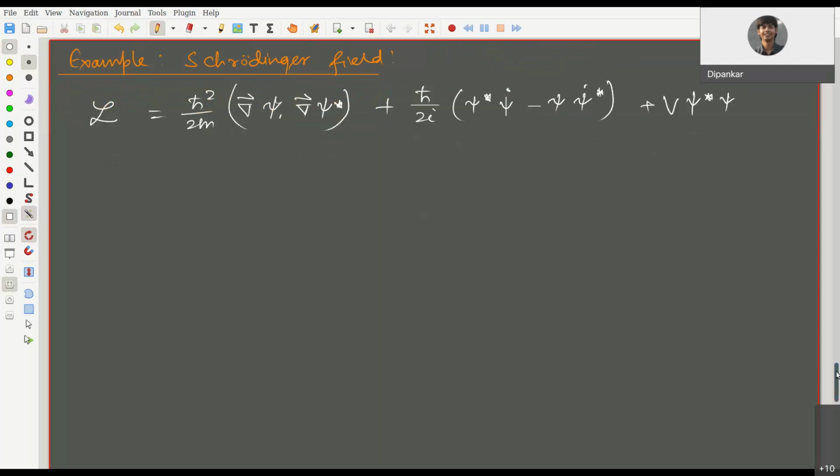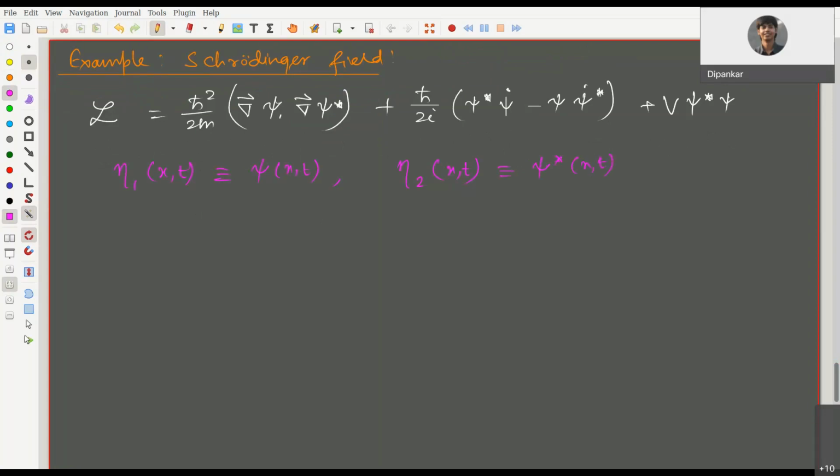Or you can take the field and its complex conjugate as your 2 different degrees of freedom. So I have basically 2 independent fields here. In my notation, eta 1 of x,t is equivalent to psi of x,t, and eta 2 of x,t is equivalent to psi star of x,t.